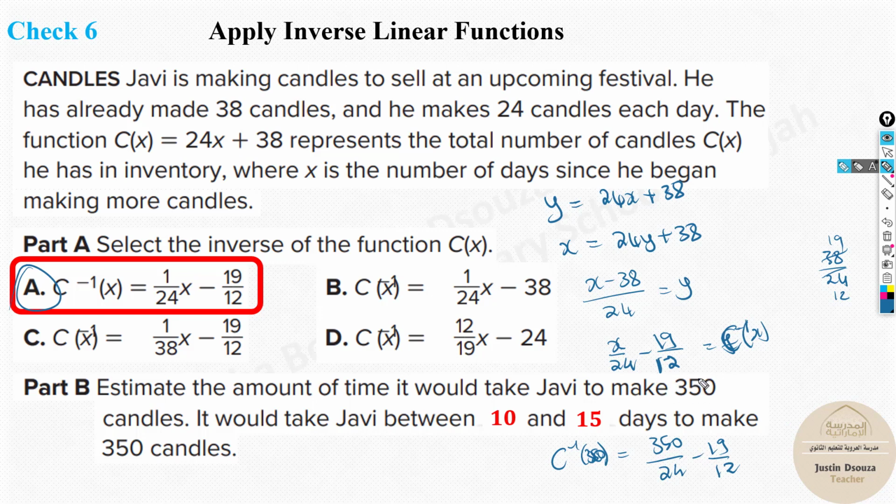So x was given as the number of candles, substitute over here in this x, and you will get the answer. That was 13 we got, but since it's a range, you have to select the closest values, and that's 10 to 15. But if they ask the exact value, it is 13 days.